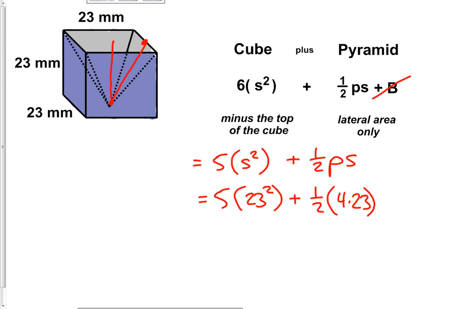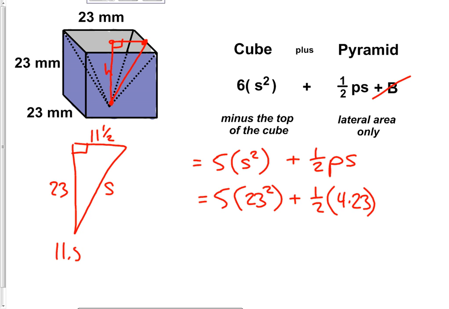Now the overall height of the pyramid would be there. So let's see what we have in that triangle. We have slant height out there. The overall height is 23, of the cube and the pyramid. And then the apothem inside of there would be half of 23, which is 11.5.